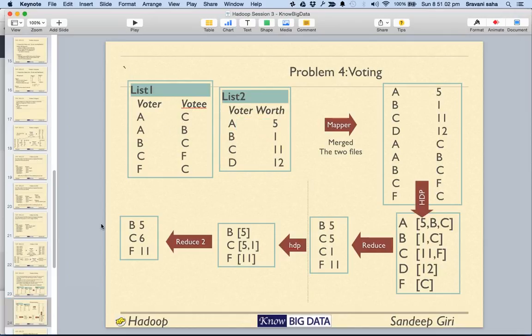Here we are not differentiating whether it's a number or a string, but what the reducer needs to do is understand from the whole list which one is the number and which one is not. So B and C are not numbers and 5 is the number, so it has to print B5 C5. The reducer has to do that here.